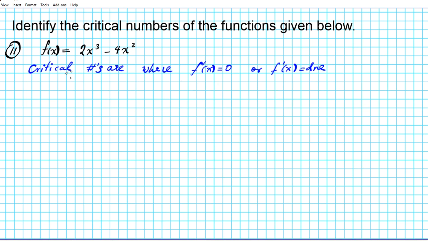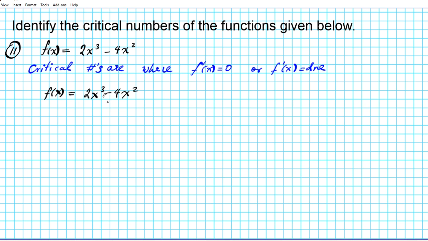So let's take a look at this function. We have f of x equal to 2x to the third minus 4x squared. To see where the derivative is 0 or non-existent, we have to differentiate and set it equal to 0, the numerator and denominator.